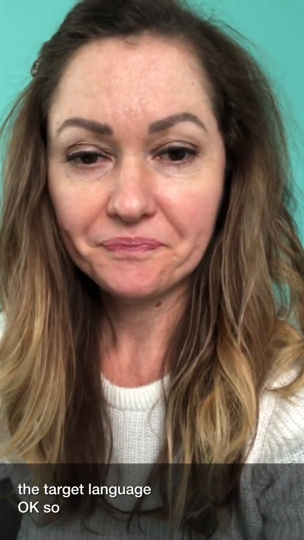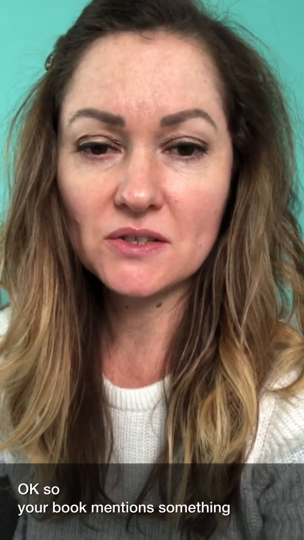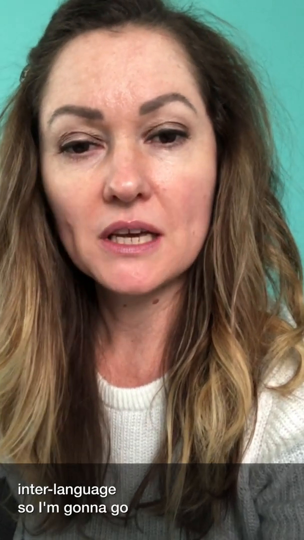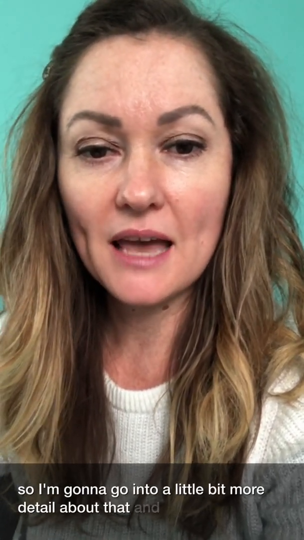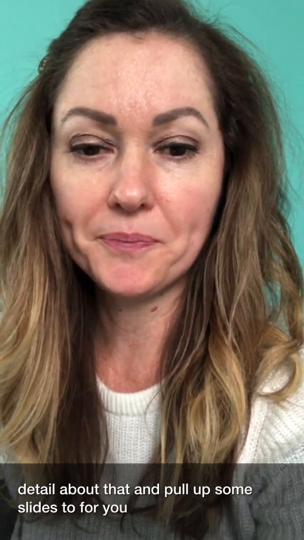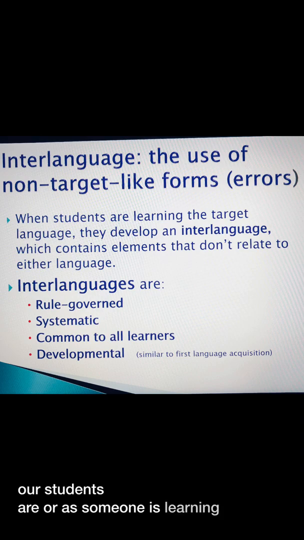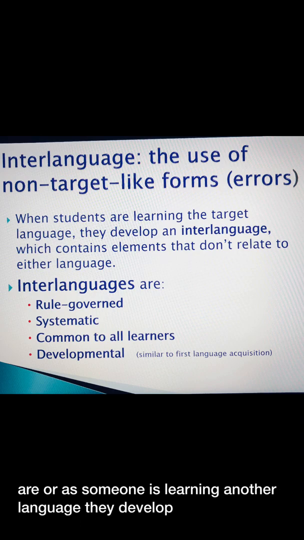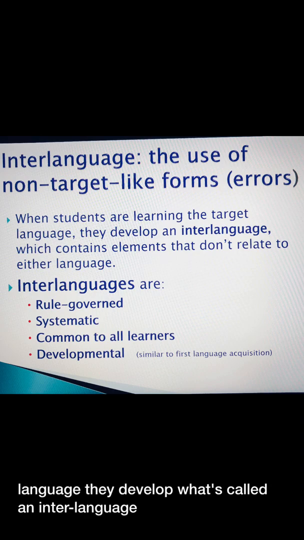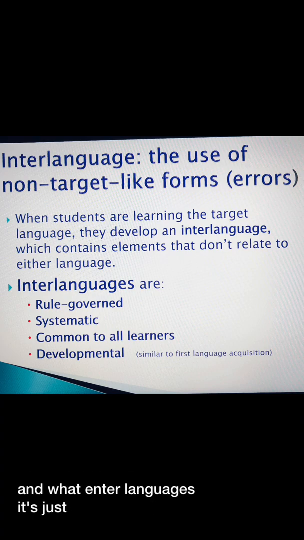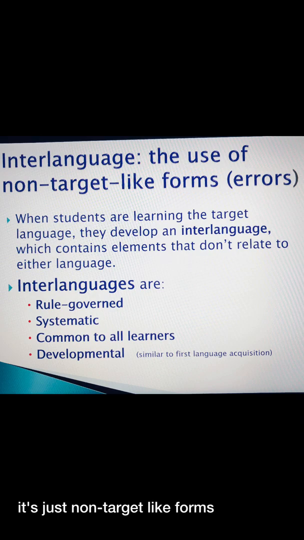Okay, so your book mentions something called interlanguage. I'm going to go into a little bit more detail about that and pull up some slides for you. So as someone is learning another language, they develop what's called an interlanguage. Interlanguage is just non-target-like forms.